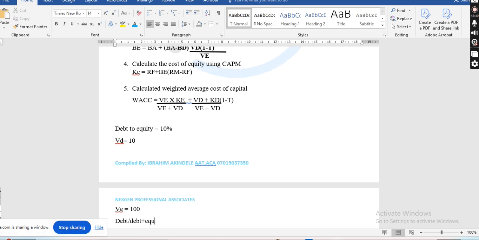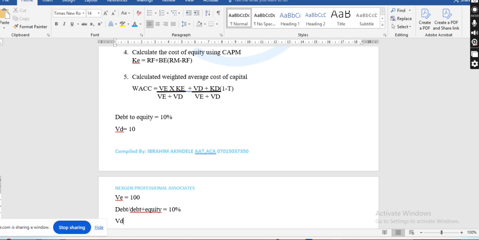This is the situation whereby you will have such things. If they say the market value of debt and equity is debt divided by debt plus equity, equals 10%.